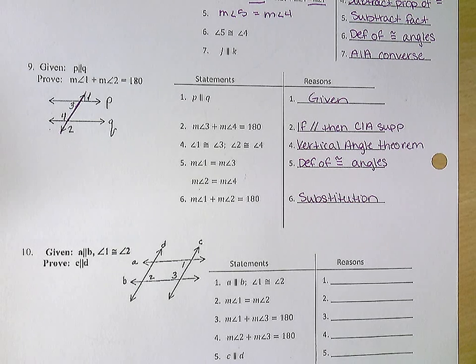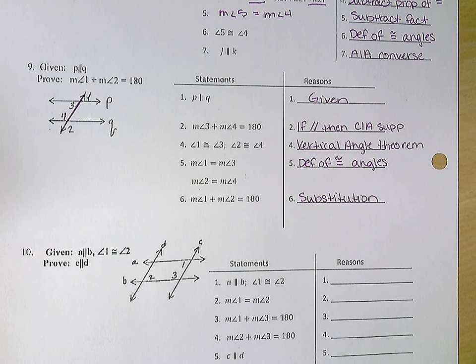All right, work with the person next to you. Do number 10. The first one we did, I think it's definition of congruent angles. And then going from 1 to 3 is 180, so that would be, if it was parallel, consecutive interior angles are supplementary. And then substituting angle 1 in for 2 because of number 2, that'd be substitution.